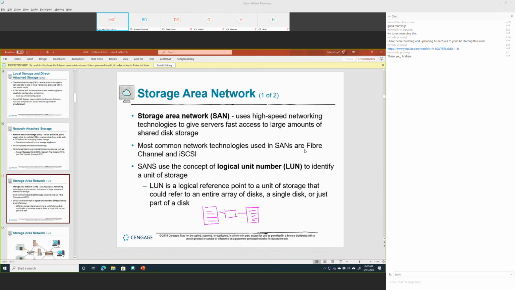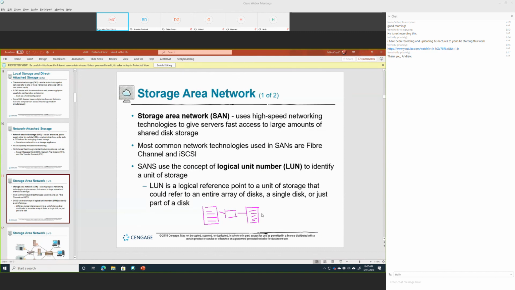Okay. SANs use the concept of logical unit number, LUN, to identify each unit of storage. Because we have, you're talking about the server right here, the racks. Maybe you have about 100 disks or whatever. A lot of hard drives in here.